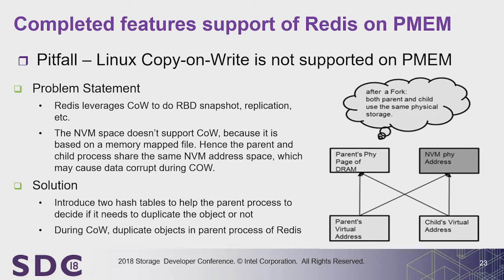If at that time the child process is going to dump the data, and the parent process receives a data modification or data update, then a data corruption risk will happen, right? So this is the common pitfall we met in the current implementation.